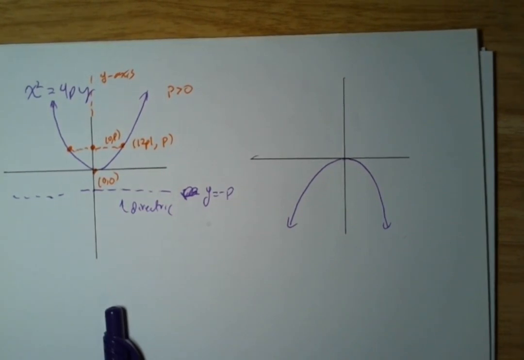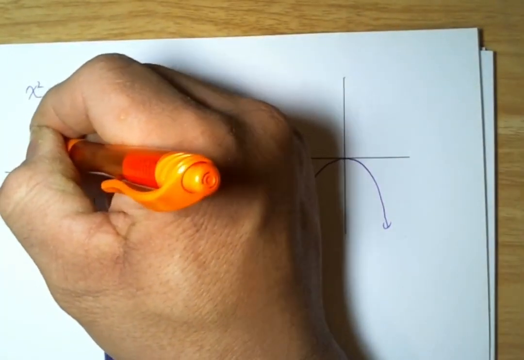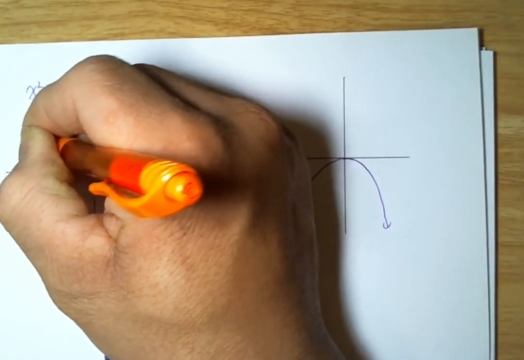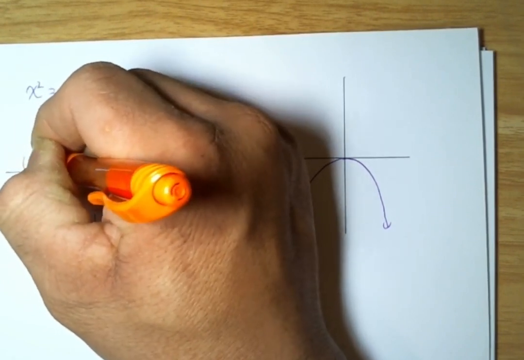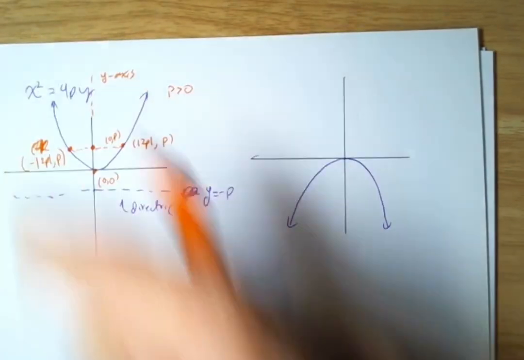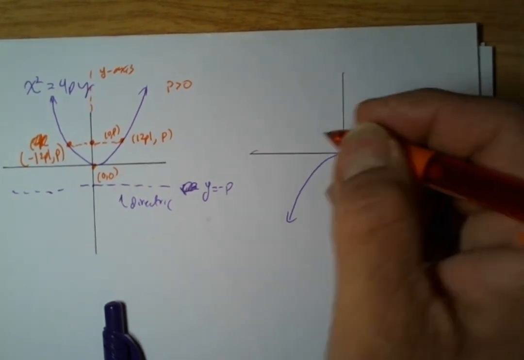So this will be the absolute value of 2p, comma p, and on the other side, negative absolute value of 2p, comma p. Those would be the parts of the parabola with p greater than 0.